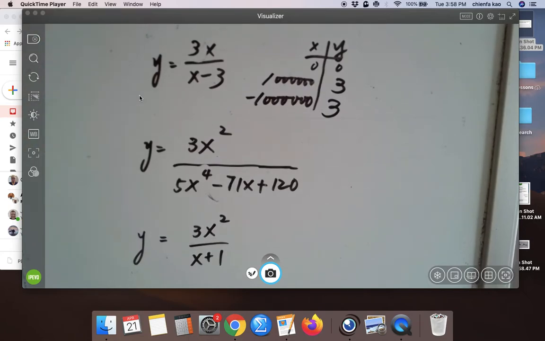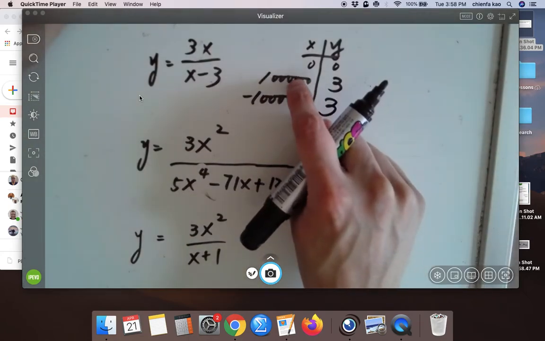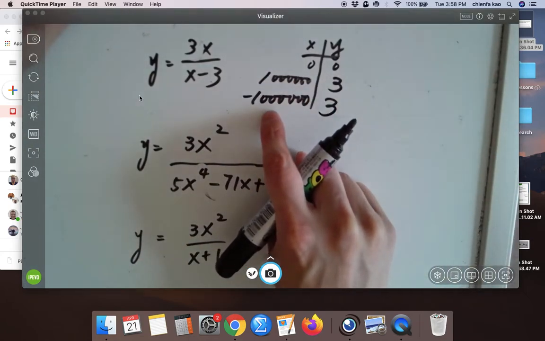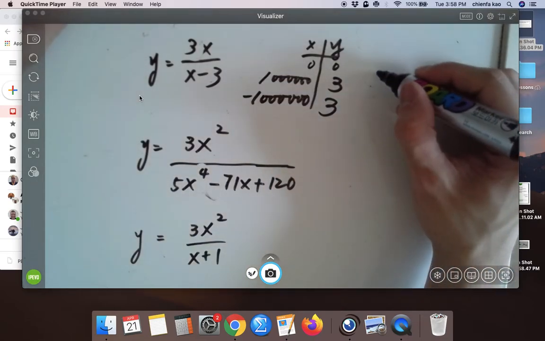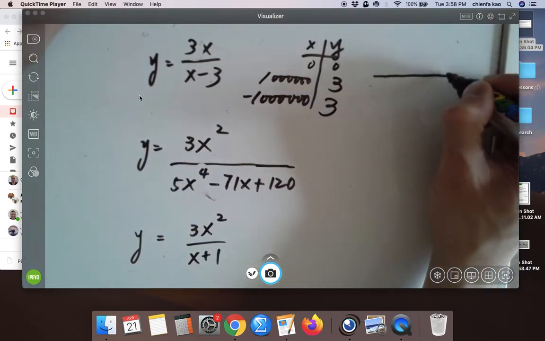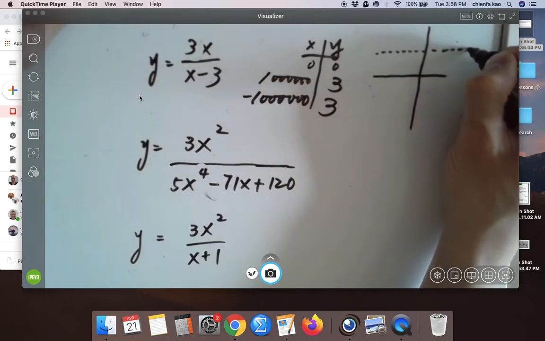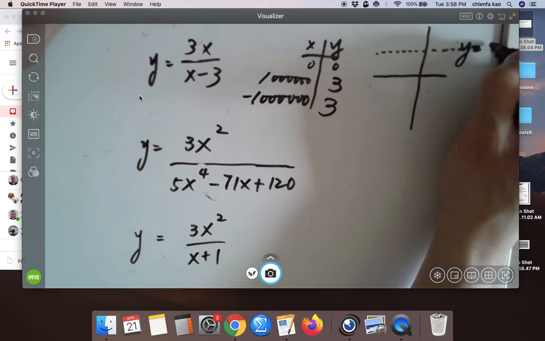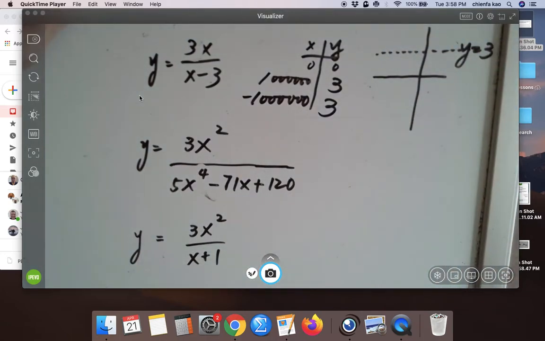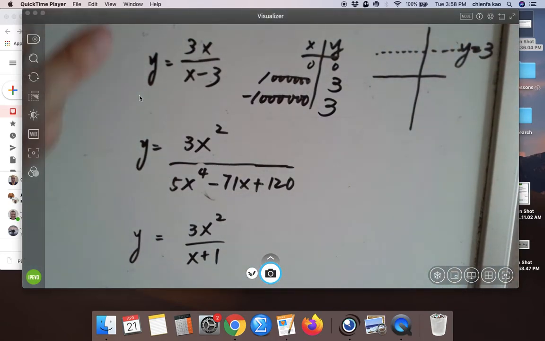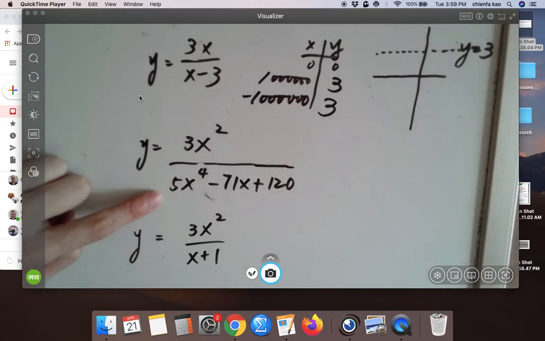So now what do you notice? When x gets really big, when x gets really small, it all approaches 3. So don't you think that 3 has some sort of significance? And it does, because that will be the y asymptote. It goes to 3.